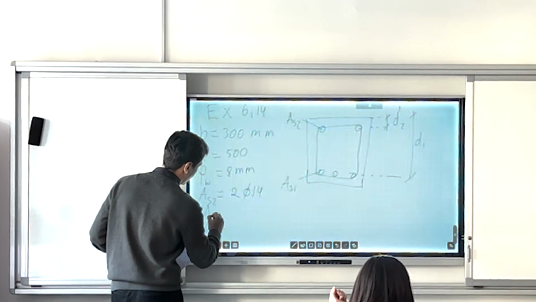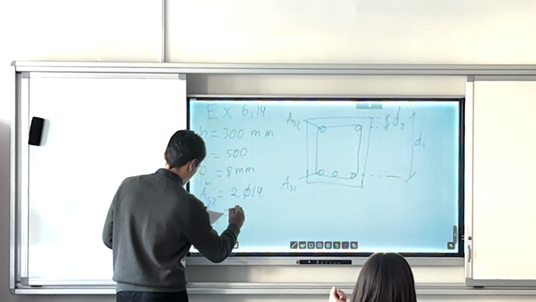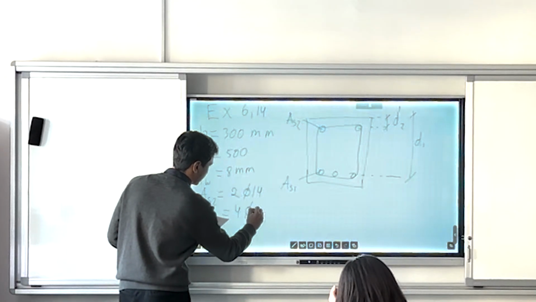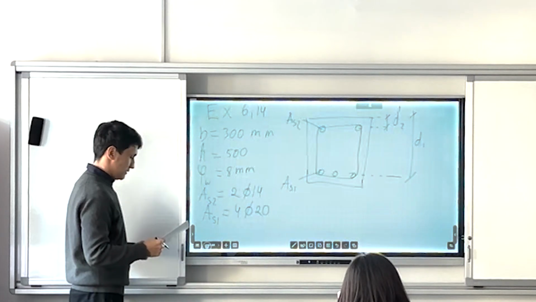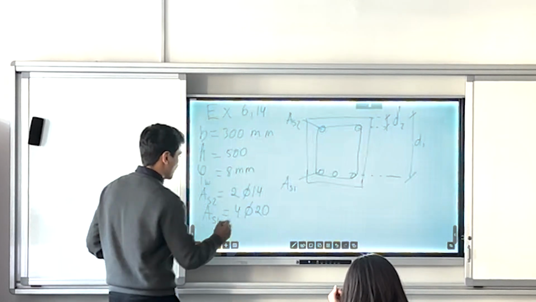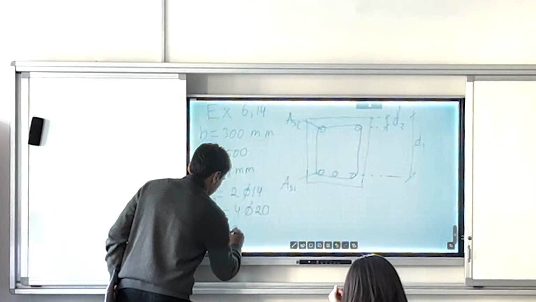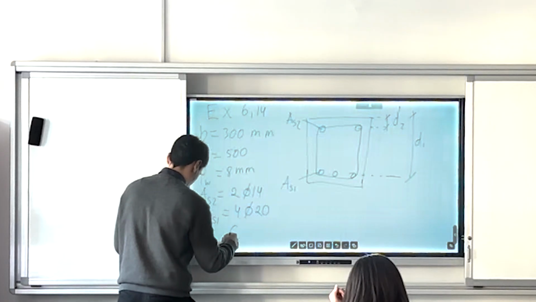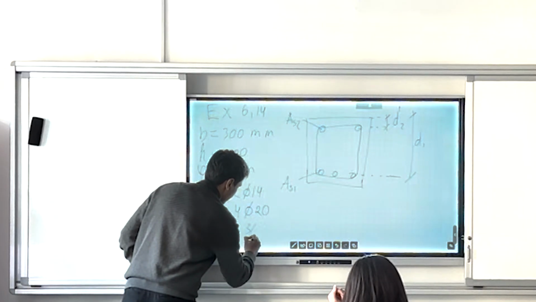Then the bottom reinforcement AS1 is 4 P20 rebars. Then the concrete class is C30.